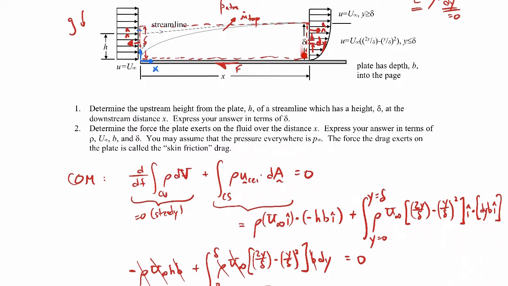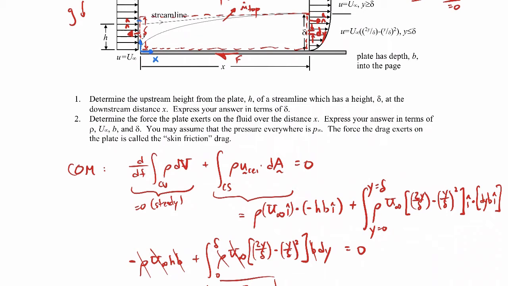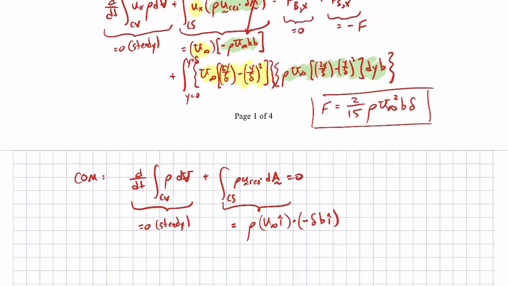Now, coming in from the left-hand side. Going out at the right-hand side will look exactly the same as what we had before because nothing's really different from the right-hand side. So we'll just recopy that.